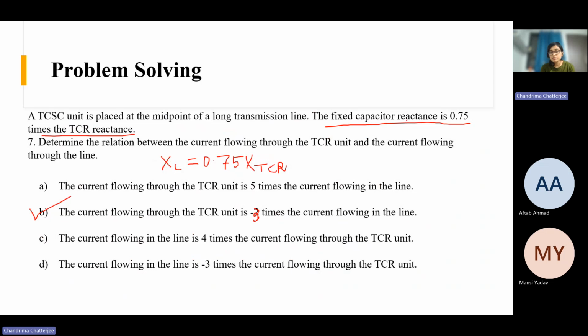But here this is capacitive mode of operation, because here the capacitive reactance is lower than the inductive reactance. That's why most of the current will flow through the capacitor branch.